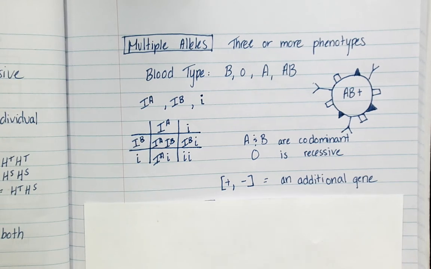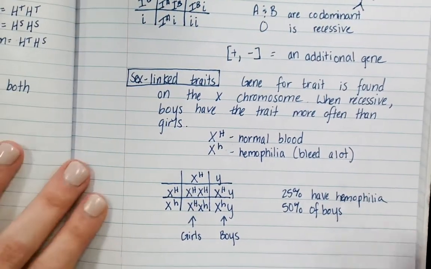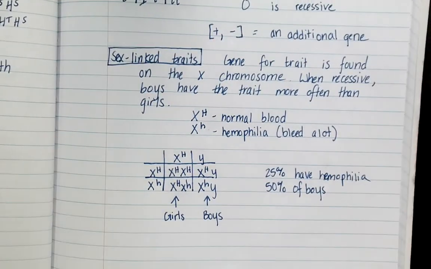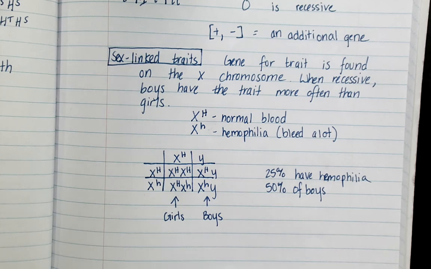We're going to go on to the last section, which is sex-linked traits. So you found this with the no spike on the drakes, and it was very frustrating for some of you. This is when the gene for the trait is found on the X chromosome. So this means when that gene is recessive, it is much more likely to be expressed in people that are genetically male. An example of this would be hemophilia.